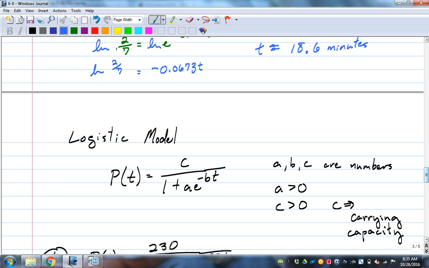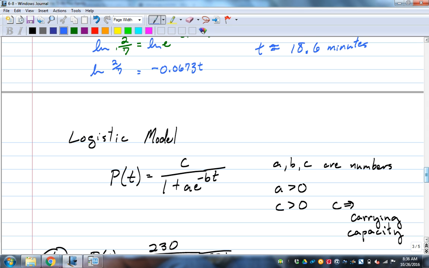That would be a miniature ecosystem for bacteria or something like that. So, logistic model. The C, the number that's on top, is your carrying capacity. Sciencey type things there. A is some sort of number. B is a number. It's like your growth rate. It just happens to be in the denominator here with this stuff.